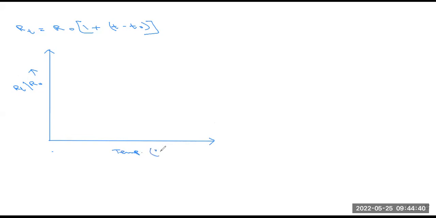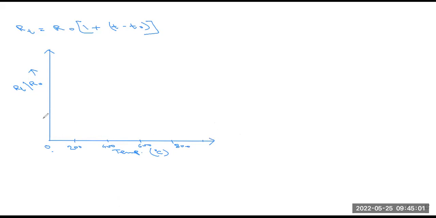Here we have to plot degrees Celsius: 0, then 200, 400, 600, 800, so this is basically the scale of divisions, and so on.